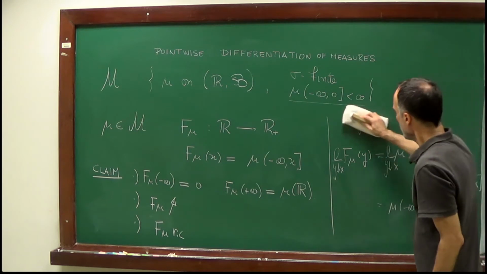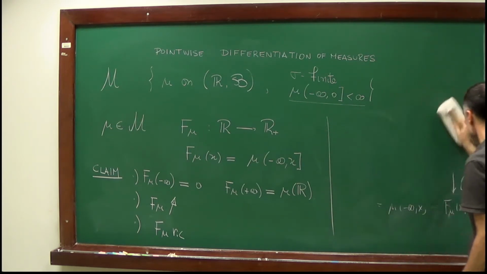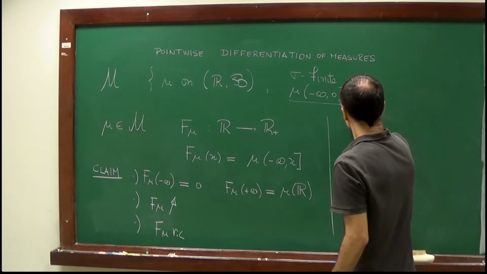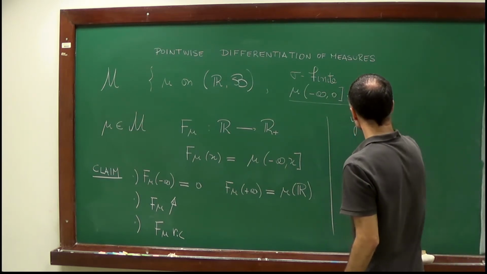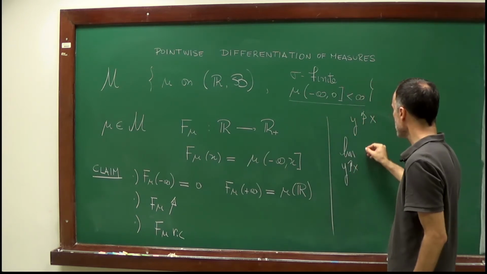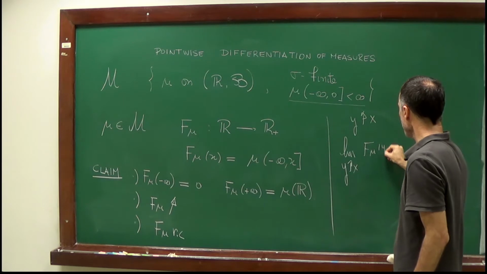So let me just see what happens if you take the limit as y increases to x of f_mu of y.